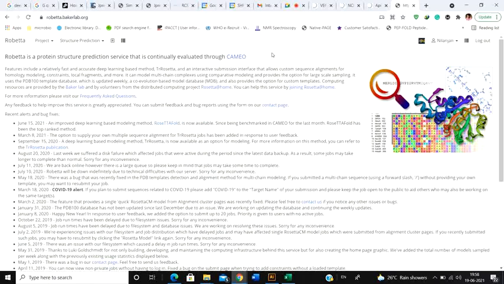So this Robetta server is developed by the Rosetta lab, the Baker lab. Baker is a scientist. It has been developed by Baker's lab, and they maintain this particular server. The importance of the server is that it is a very accurate server, and it is continuously evaluated by CAMEO, a branch that governs all the modeling.